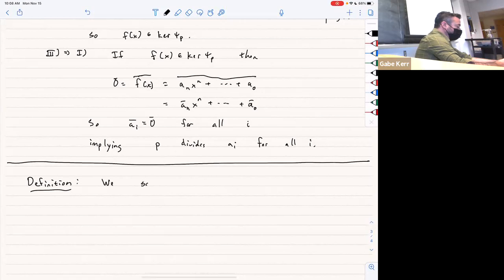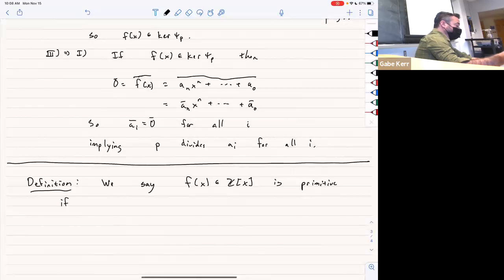We say f of x in Z of x is primitive if, let's say it's non-zero, its coefficients are relatively prime.